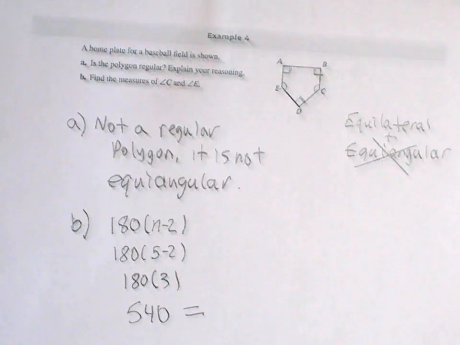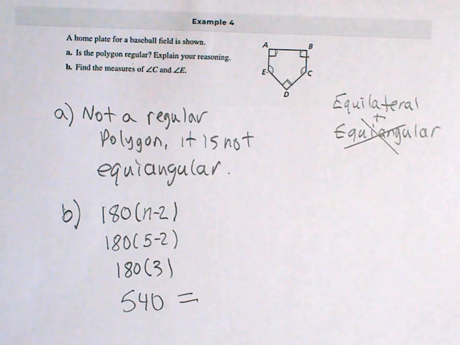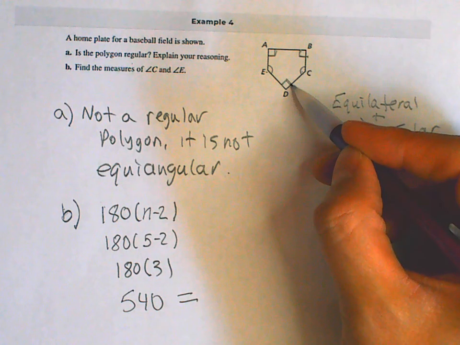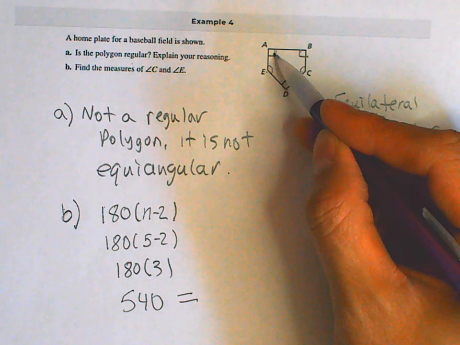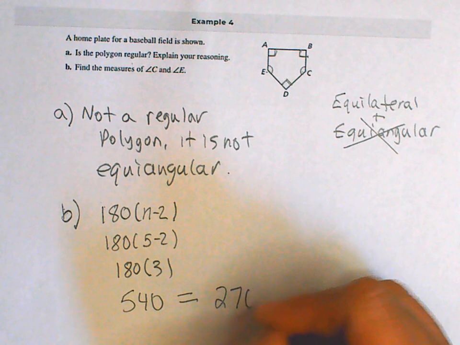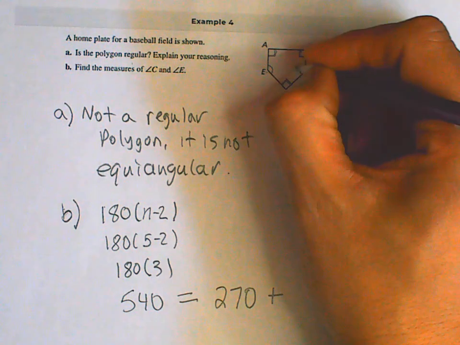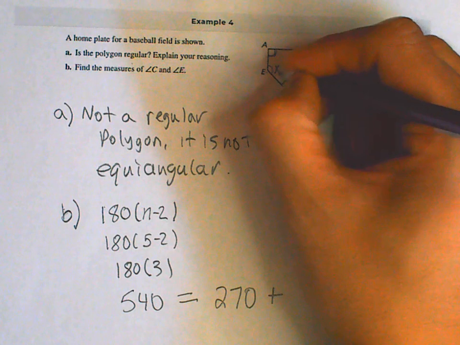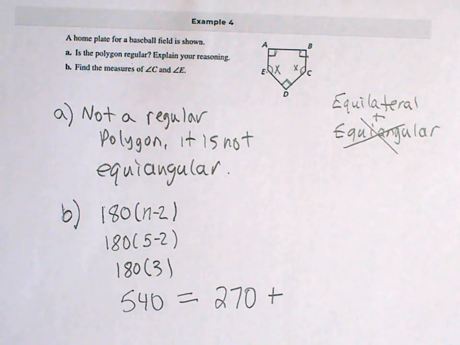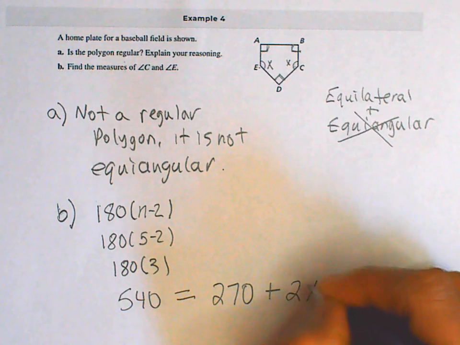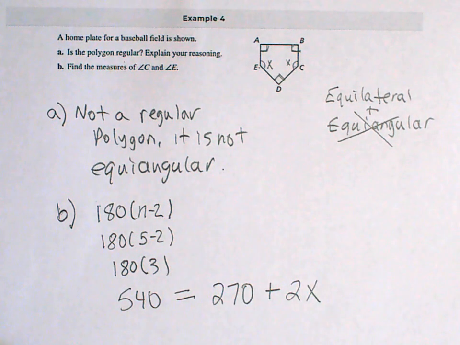Now according to what we see in this diagram, you have 3 right angles. 90 plus 90 plus 90 is 270. Plus, now here's the thing. C and E both have the same angle measurement. So say I call this one angle x, and this one is definitely going to be angle x too. The sum of those two is simply 2x. My goal now is to solve for this.